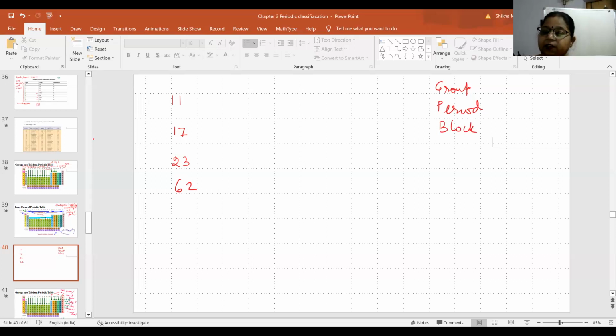And this will clarify why certain groups are numbered as A while others are numbered as B. I'm waiting. Once you are done with 11, 17, and 23, let me know, please.